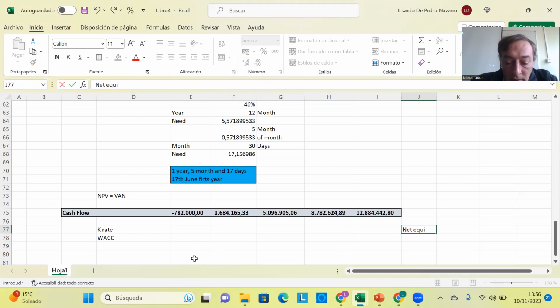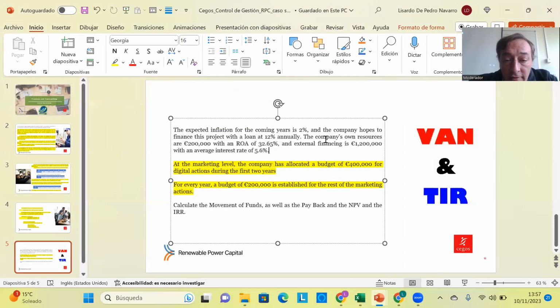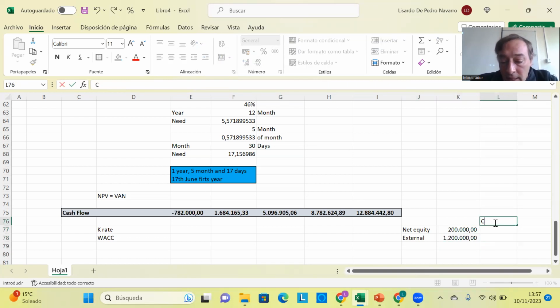net equity, 200, and the external finance is 1,200,000. External is 1,200,000, which is the cost of this equity.